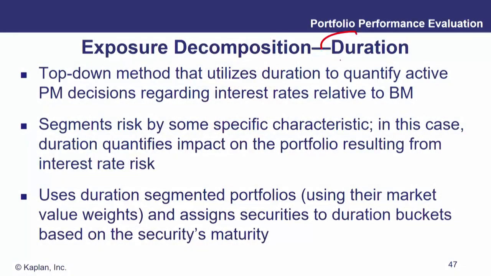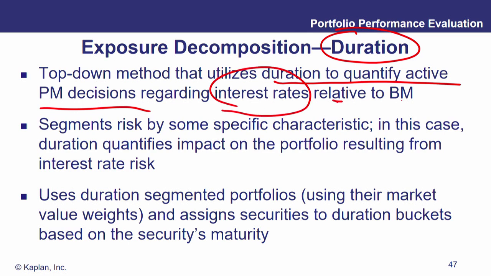Okay, so for the exposure decomposition using duration, it is a top-down method. It utilizes duration to quantify any decisions that the portfolio manager made regarding interest rates relative to the benchmark, and it's going to segment risk by some specific characteristics.